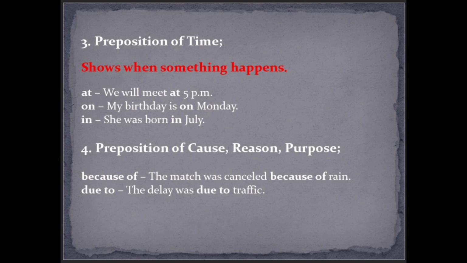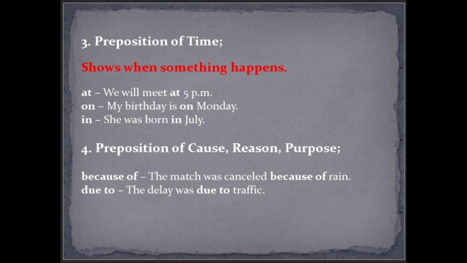The fourth type of preposition is reason, purpose, or cause. These prepositions are used to show the reason for something. Okay. So we'll see these prepositions with examples. The match was cancelled because of rain.